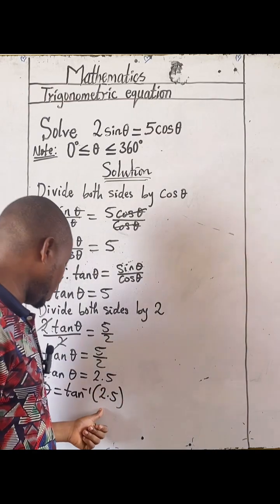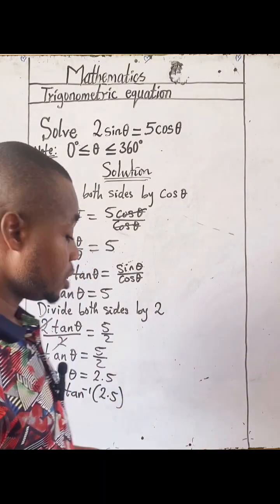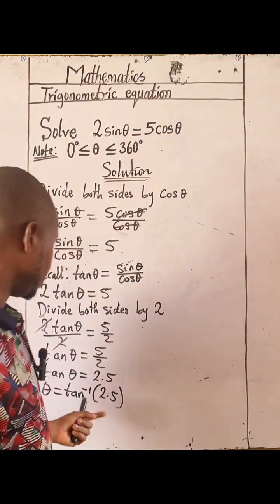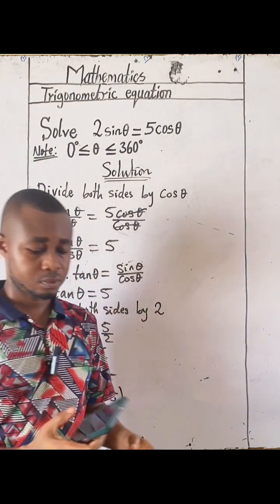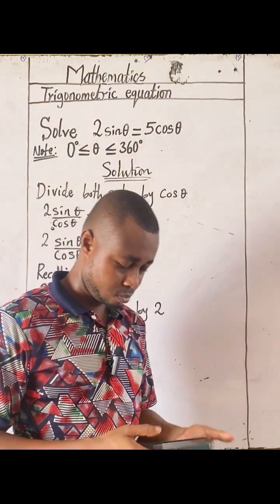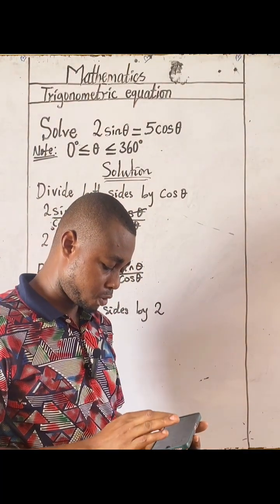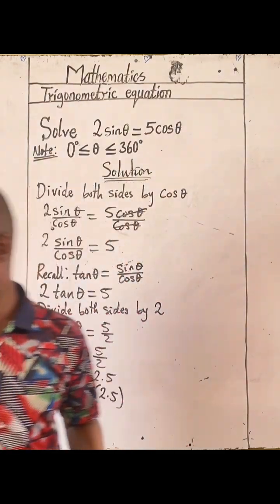What do we have if you take the tan inverse of 2.5? In your calculator, you punch it. Tan inverse of 2.5, that will be 68.2.